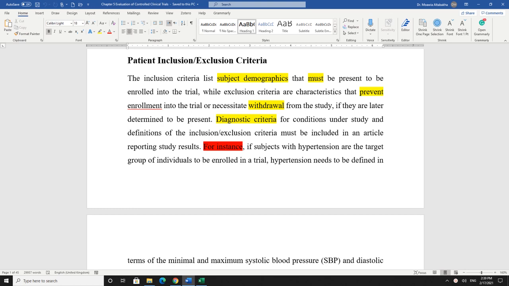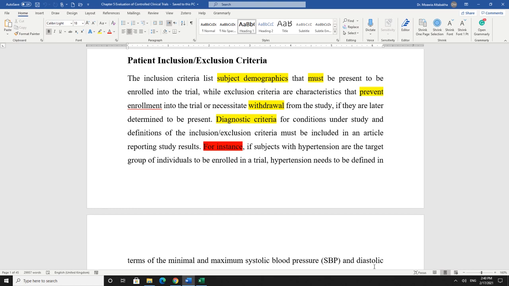What we completed in the last lecture was the title of the manuscript, the abstract, the introduction part, and lastly the methodology, or the methods used in the clinical trial, where we were focusing on controlled clinical trials.